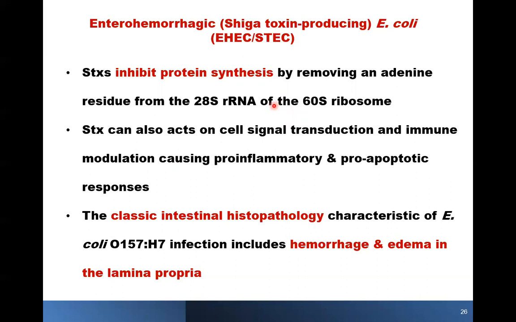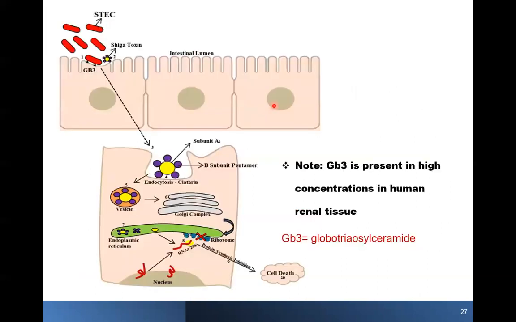Remember, how does information move from DNA to RNA? What do you have? Transcription, right? Translation, right? And then protein synthesis, very good. And you need your ribosomes for protein synthesis. So if the function of these ribosomes is compromised, protein synthesis is arrested, okay? So that is the main pathogenic mechanism of this particular agent.